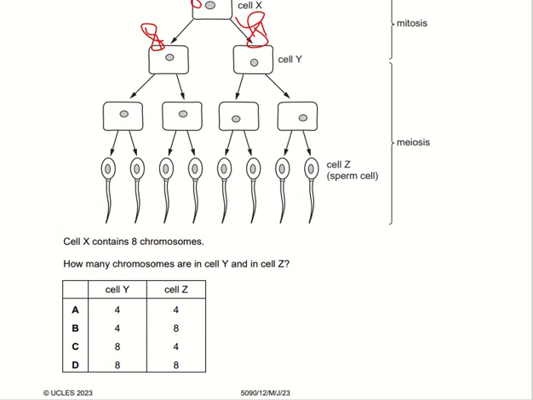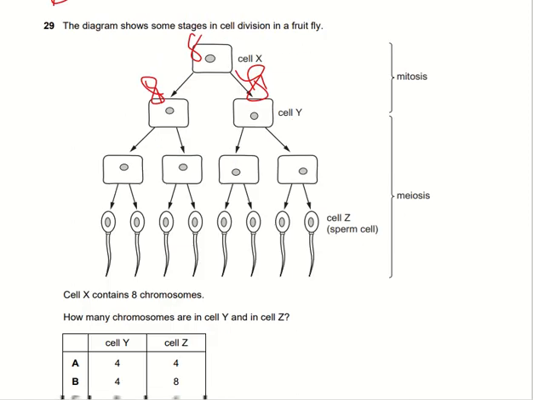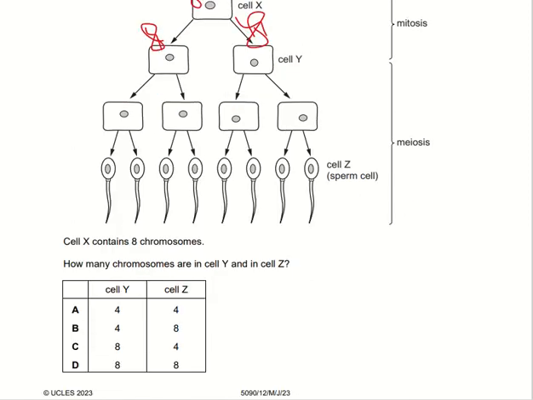Cell Y will have 8 chromosomes because it is produced after mitosis. In the case of cell Z, let's calculate. Whenever cell Y is distributed into 2 cells, the 2 cells will have 8 chromosomes each.